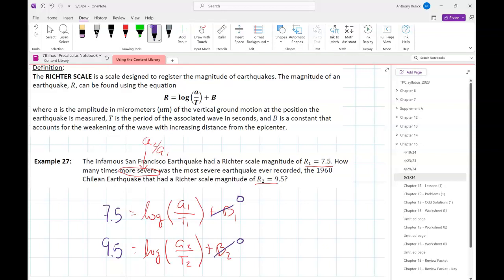Do you think that's going to be a short time or a long time? I know you've never been in an earthquake before, but you've probably seen it on a TV show or a movie. When the earth is shaking, does it shake really slow or is it happening really fast? It's happening really fast, right? Do you think that time it takes for the plate to go like this is going to be a short time or a long time?